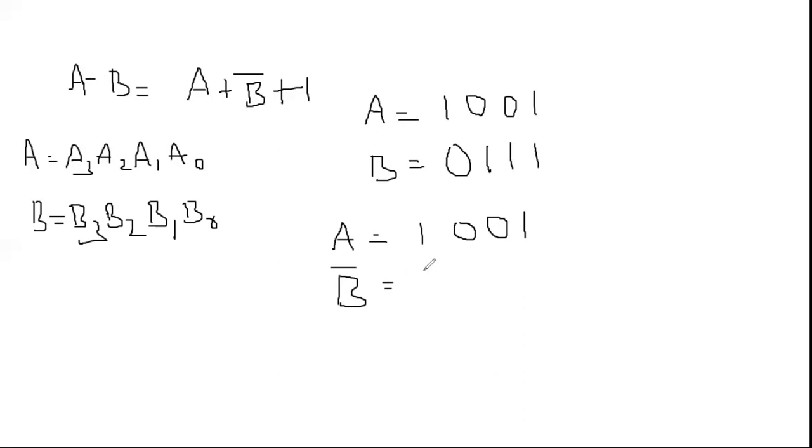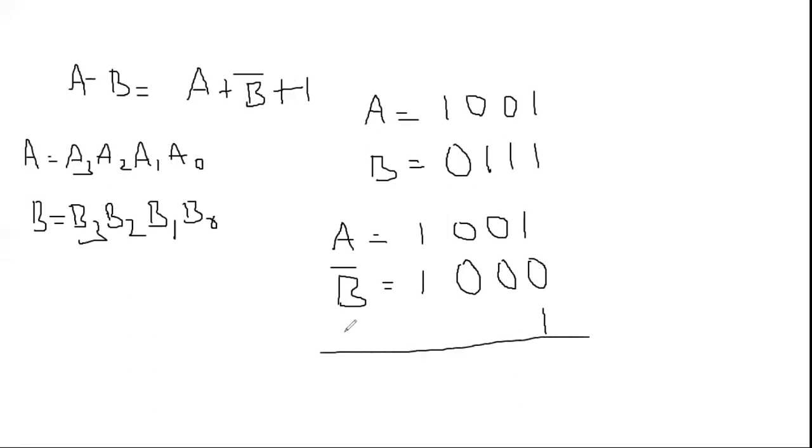One's complement means zeros to ones and ones to zeros. So 0 is converted to 1, 1 to 0, 1 to 0, and 1 to 0. And you add 1 to the LSB bit to get the 2's complement.